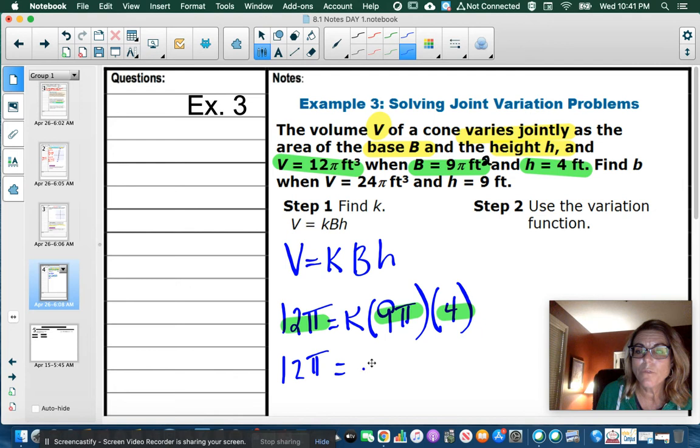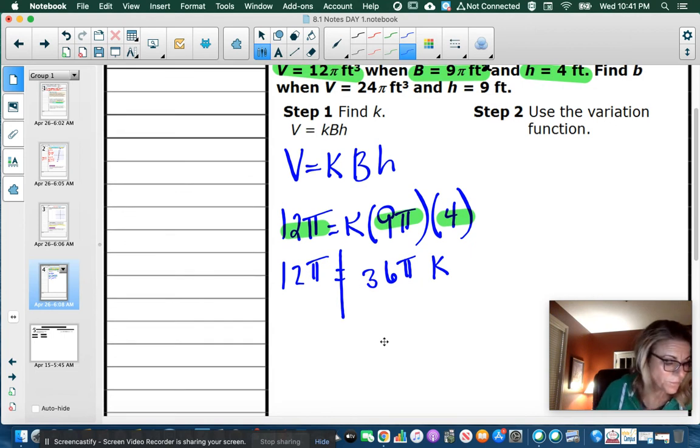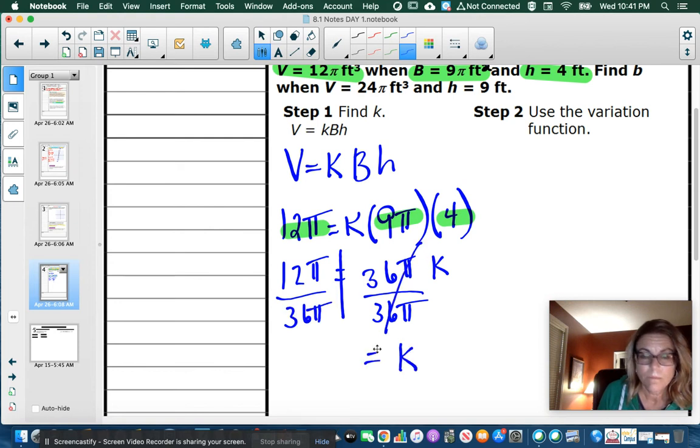9 pi times 4, that's 36 pi. And I'm going to divide both sides by 36 pi. 12 pi divided by 36 pi, well, the pi's are going to cancel. And if I reduce that, I'm going to get a k value of 1/3.